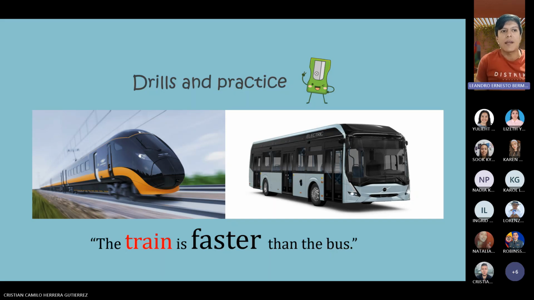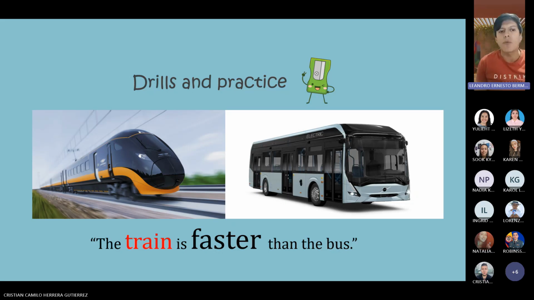Now, with transportation, look at the picture, the train and the bus. So we are comparing two vehicles. The train is faster than the bus. Repeat after me. The train is faster than the bus. Excellent.